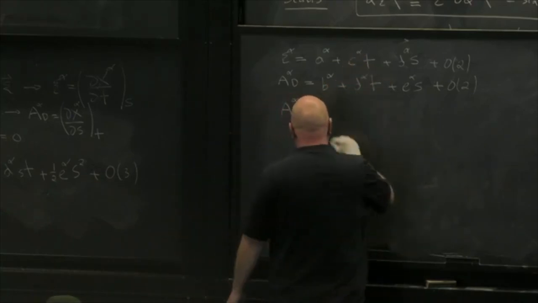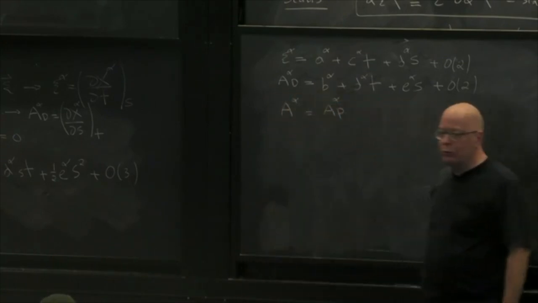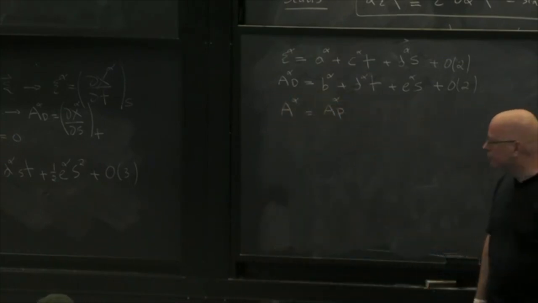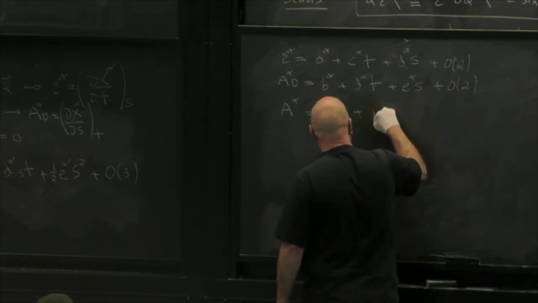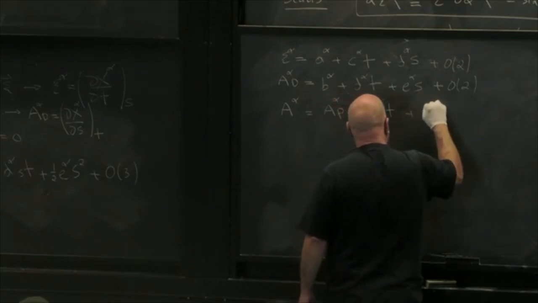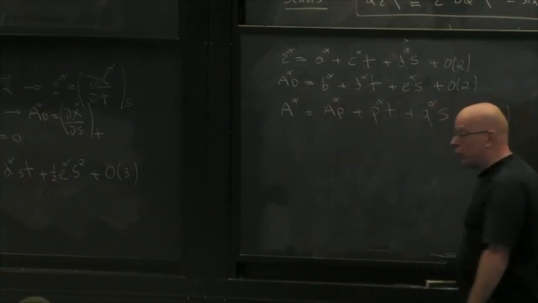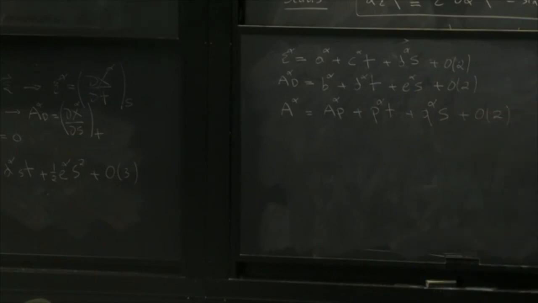So I'm just going to write it as something that would involve a constant, so that would be the value of the vector field at P, plus a first order correction either in T or in S, and then there would be second order terms in the expansion that I'm dropping out here.